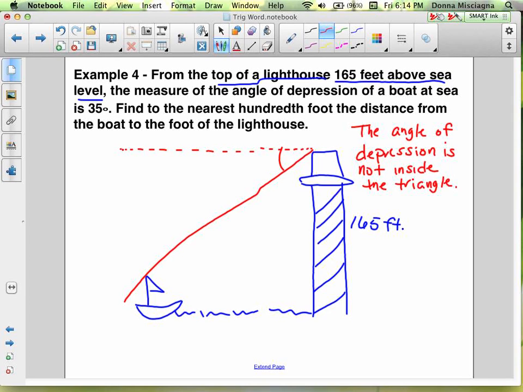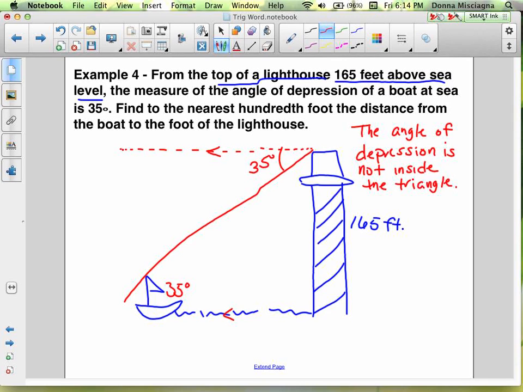So it's how far you'd have to look down. This right here is the angle of depression. This is where the 35-degree angle goes. Now you have one of two choices. You can remember that the bottom of the triangle and somebody looking out are parallel lines, and that means this is going to be 35 degrees as well.